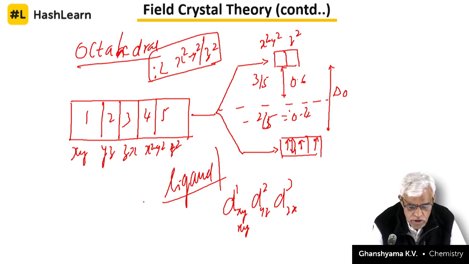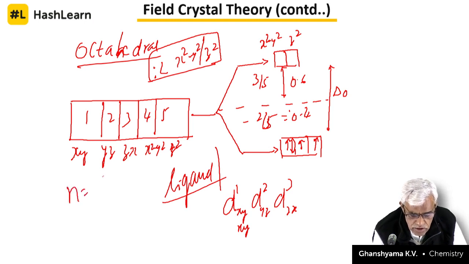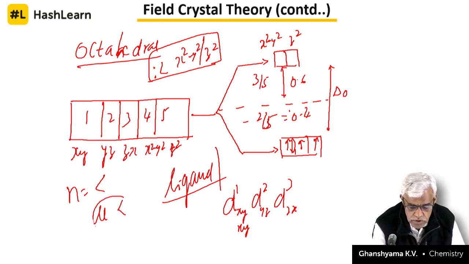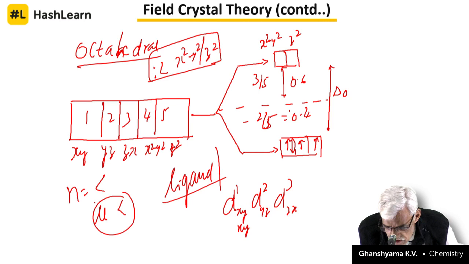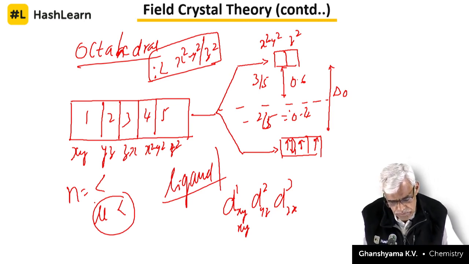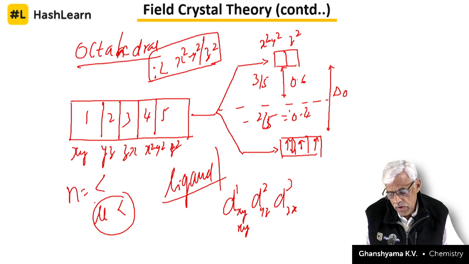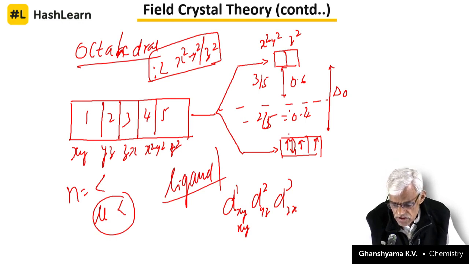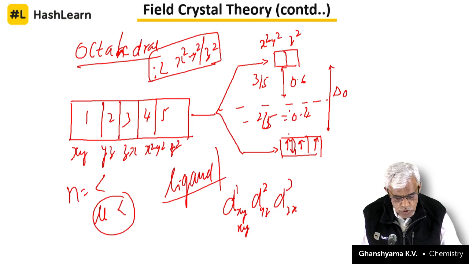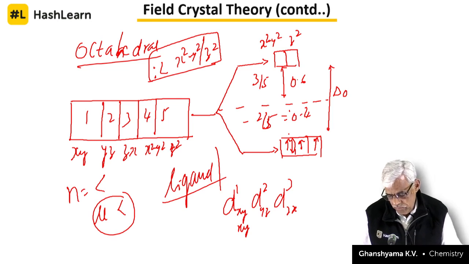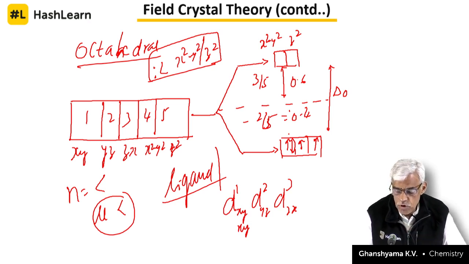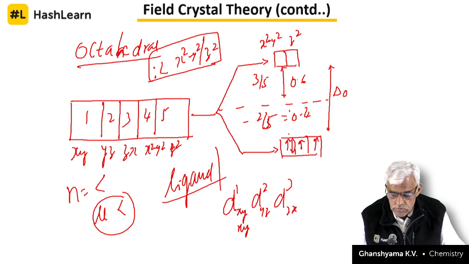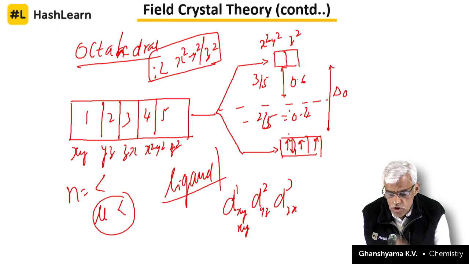When the number of unpaired electrons decreases, mu, the spin only magnetic moment, will also decrease. It will form low spin complexes, because there were 3 unpaired electrons and now it has become 2 unpaired electrons. So it will form a low spin complex.